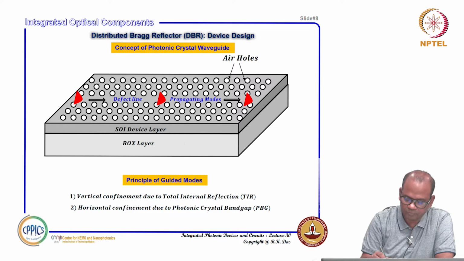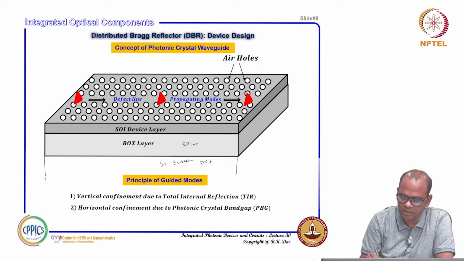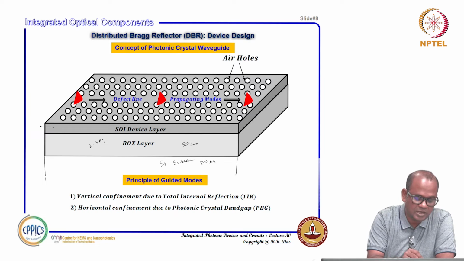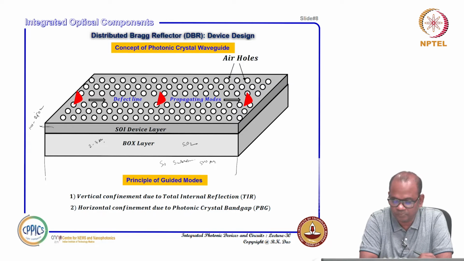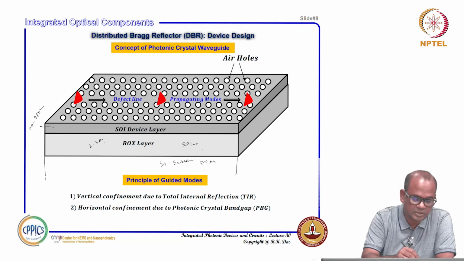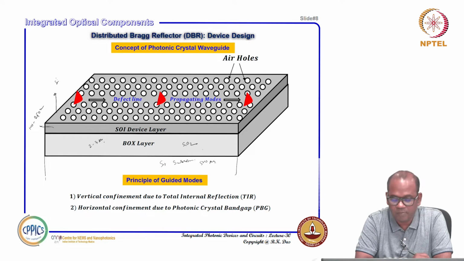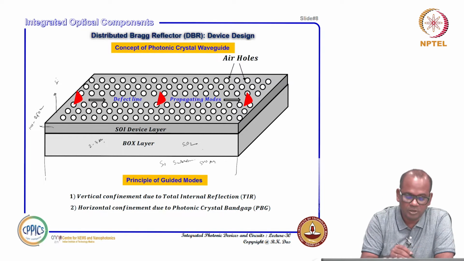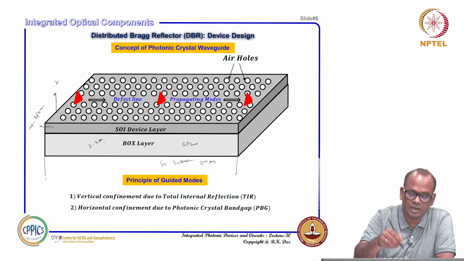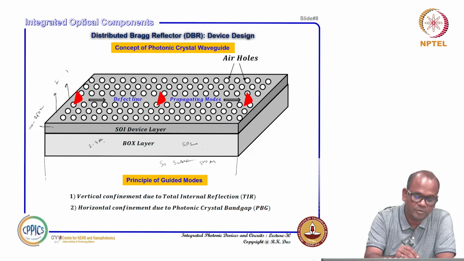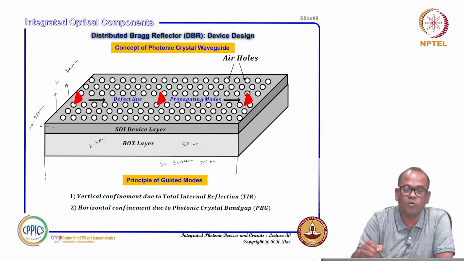This is your box layer, maybe silicon dioxide, and at the bottom you have a silicon substrate, which can be 500 micrometer thickness, and this can be about 2 to 3 micrometer thickness, and the device layer is in the order of 100 to 250 or 350 nanometer thickness. So, this is silicon dioxide, this is again silicon. Now what you can do is have a periodic structure, you can make periodic holes in the device layer.